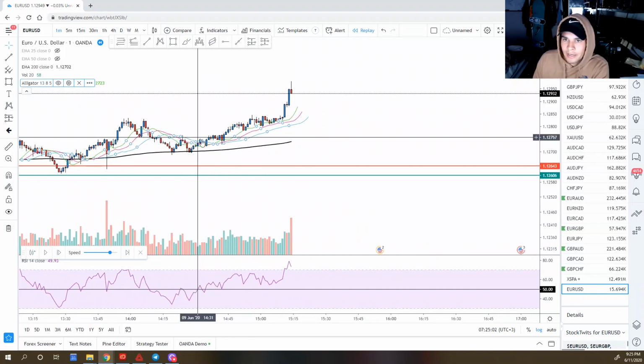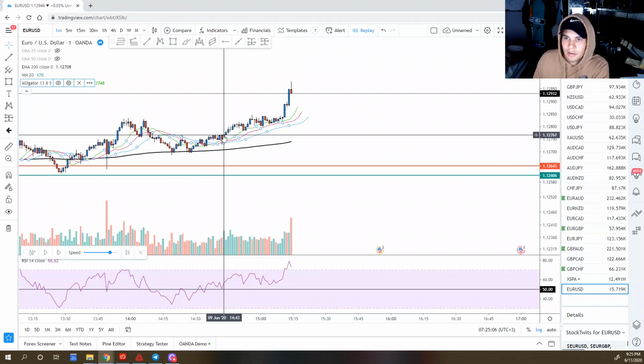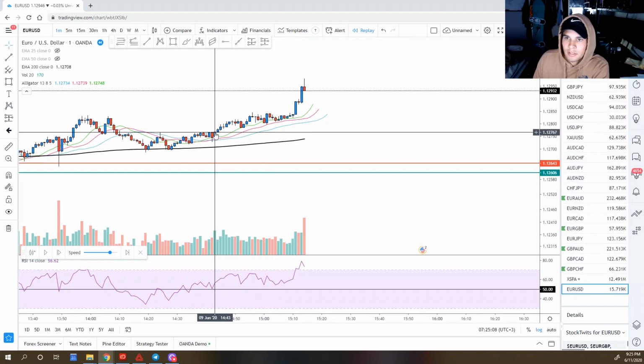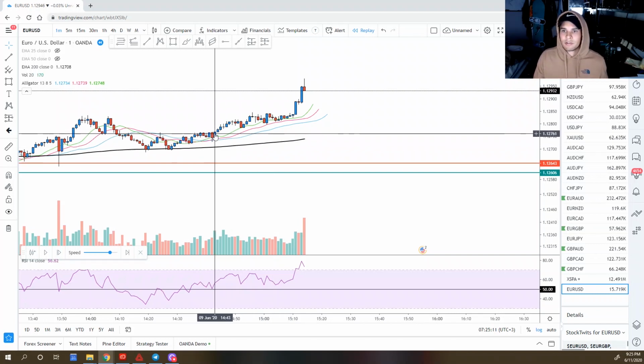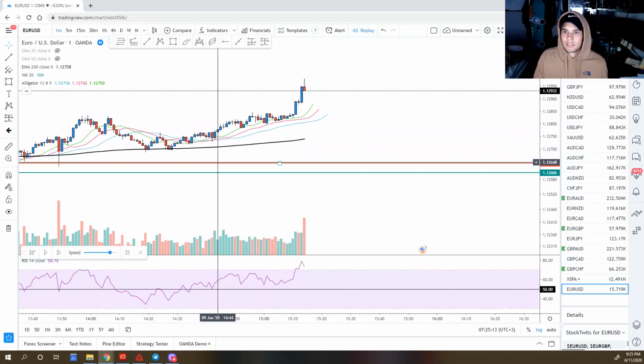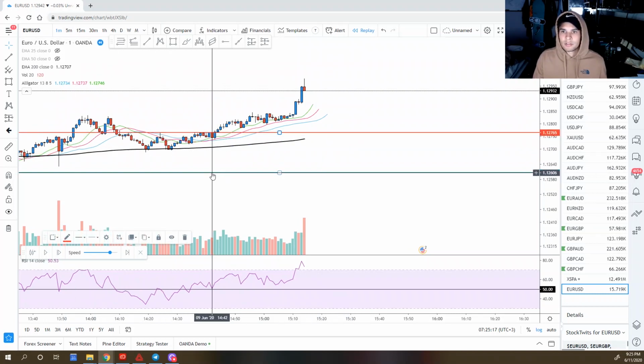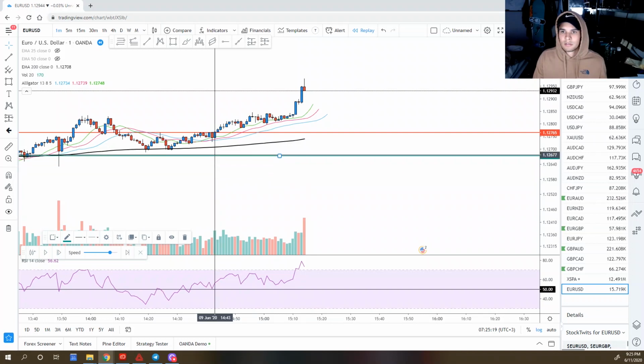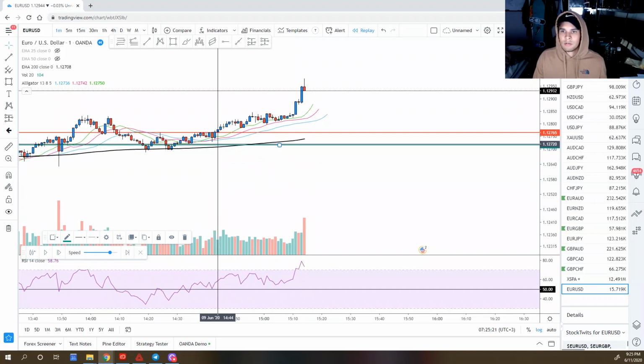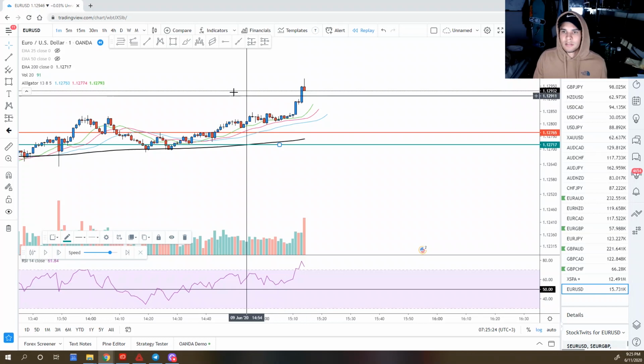And we got a nice crossover back up right here. I would have entered off this blue candle that closed above the alligator after it crossed over. So we'll say we entered right here. Let's go put our stop loss just below the alligator and this red candle.